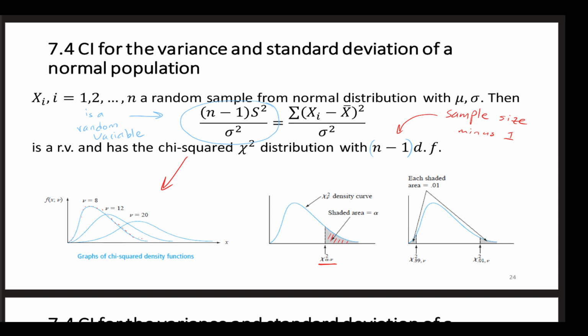So if we wanted to look at chi-squared sub 0.01 comma whatever degrees of freedom, you have 0.01 to the right. If you looked at chi-squared sub 0.99 comma v, that means you have 0.99 to the right.